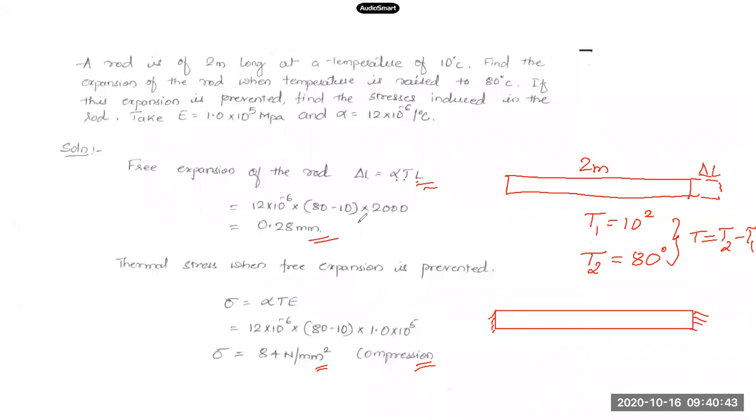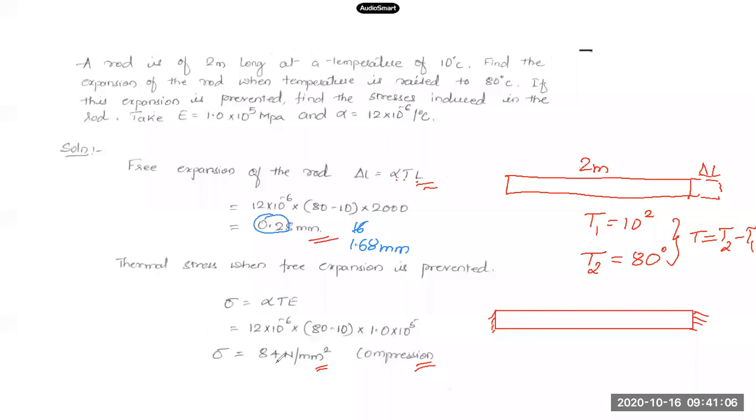Sir, it's 1.68, sir. This is 1.68 mm. Okay, so this answer is 1.68 mm. So that's why. This is fine. 84 Newton per mm square.